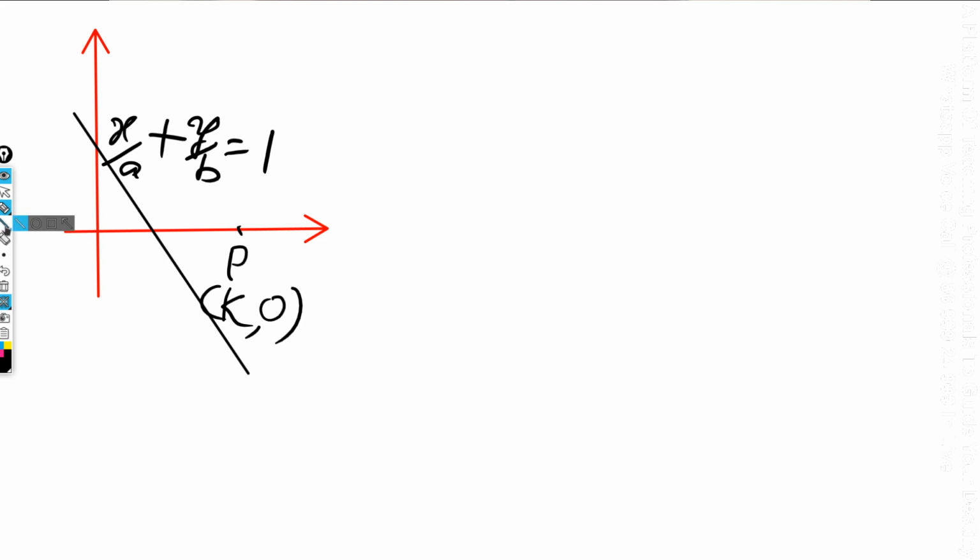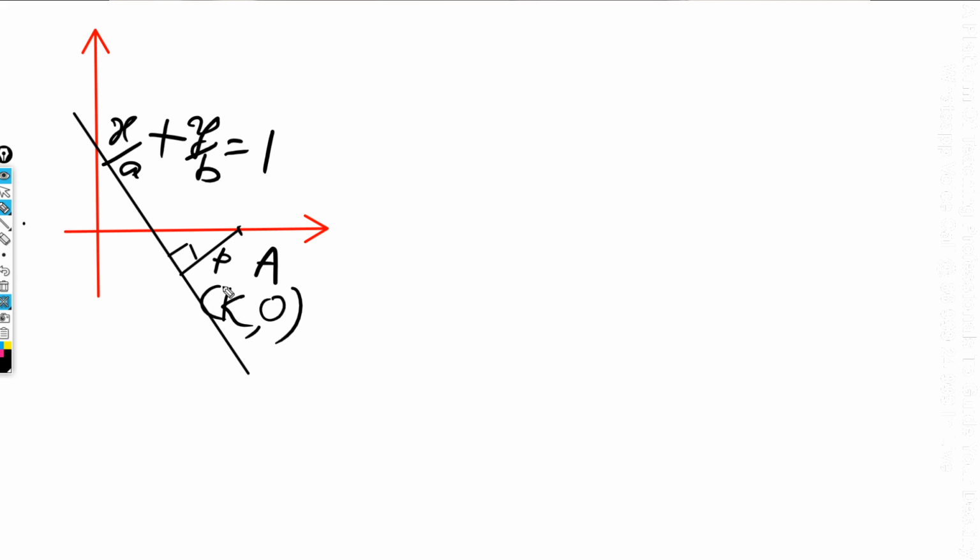Now the perpendicular distance from this point to this line is given. Just to avoid confusion, let me make it some A. This distance is given to be small p there. This is the data given.